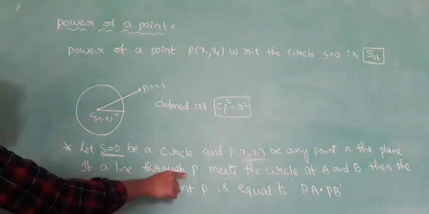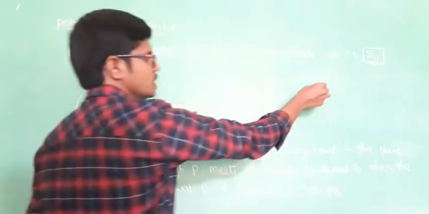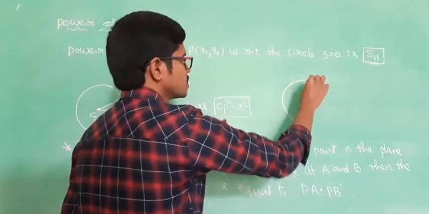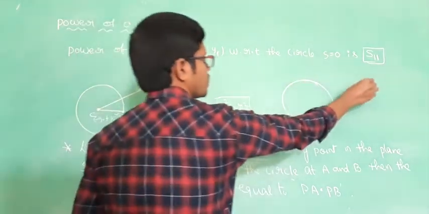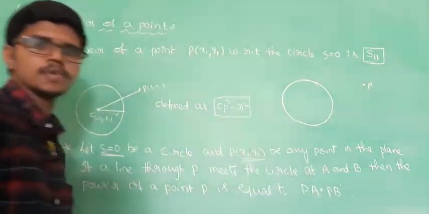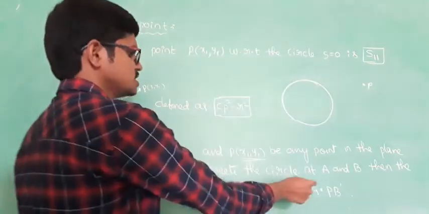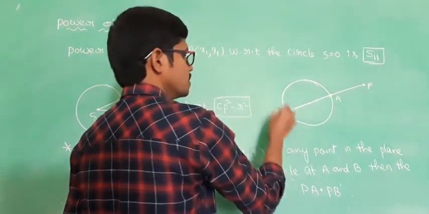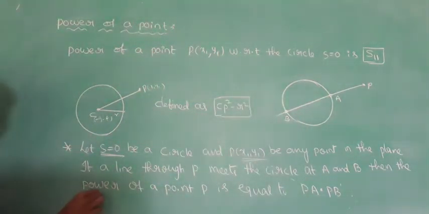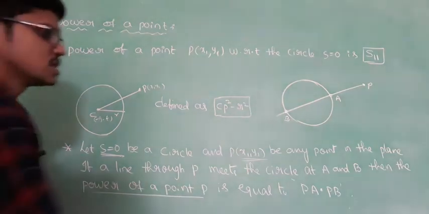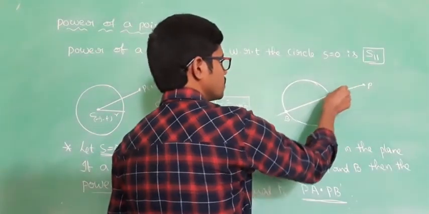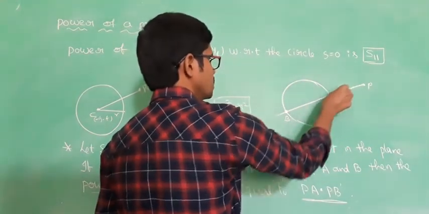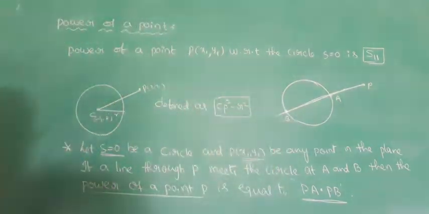If a line through P meets the circle at A and B, for example, if we take P to be an exterior point, meeting the circle at A and B like this, then the power of the point is equal to PA into PB. This is a small application. Okay, this is about power of a point.